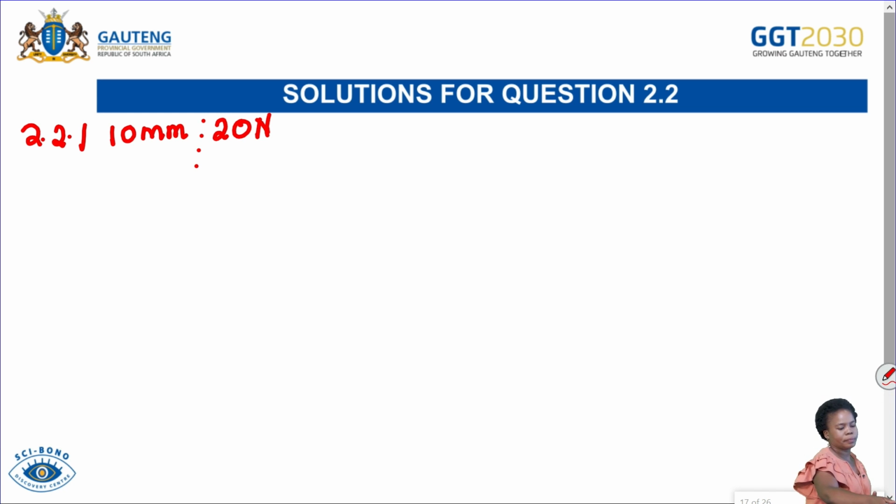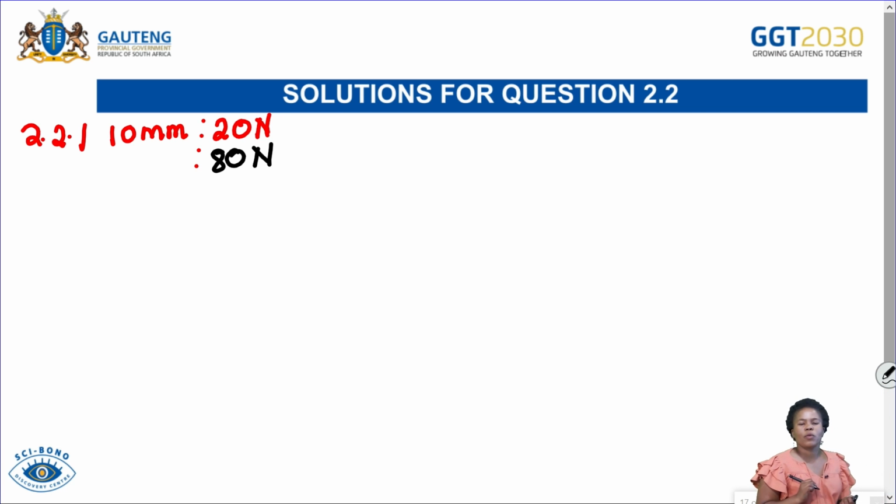I can't just put my 80 anywhere. Because it has an SI unit of newtons, it has to be alongside another newton. Same units are together. And what am I looking for? I'm looking for the size or the length of this in millimeters.